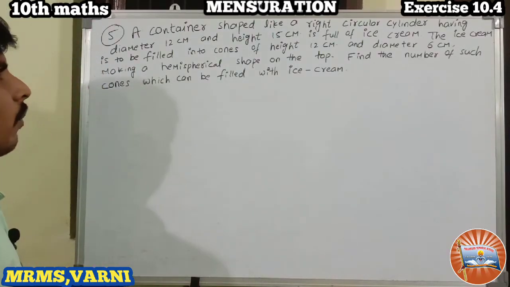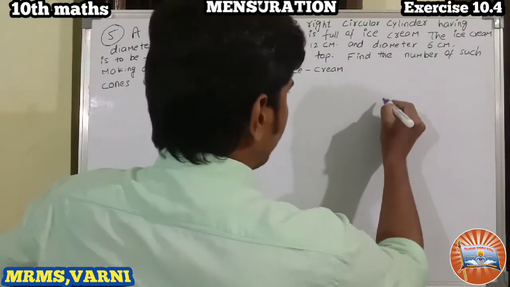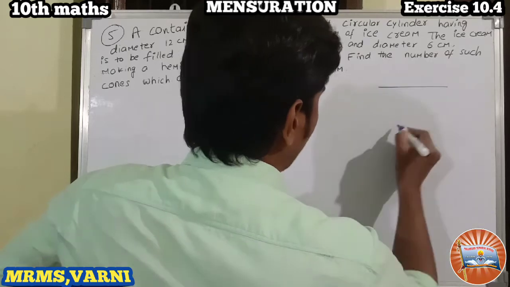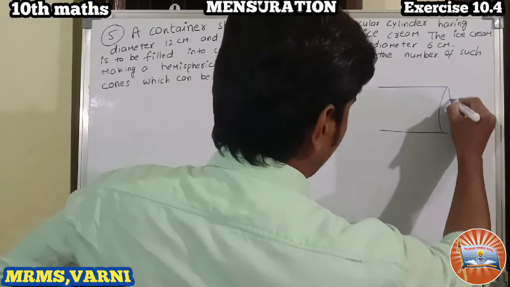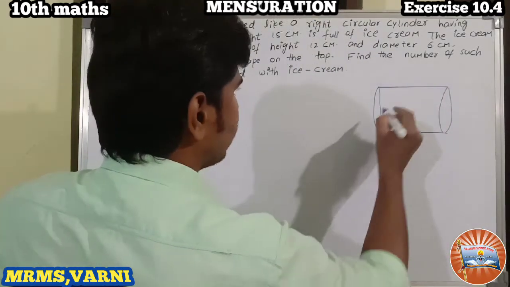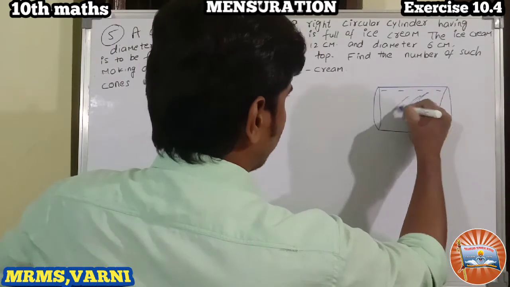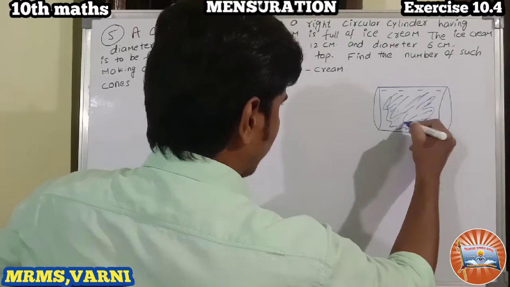Given here is one right circular cylinder, which is in the container shape. It is filled with ice cream. Consider it a container. It is completely filled with ice cream.